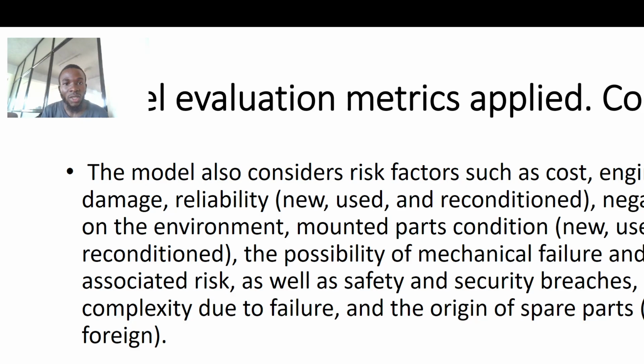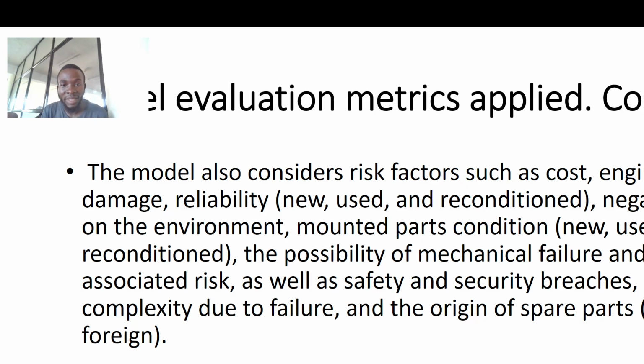So the model evaluation metrics applied, this is just a continuation. The model also considers risk factors. So the model is not only looking at the vulnerable points, but it also considers other factors such as engine age, damage, reliability, that's whether it's new or old, negative impact on the environment, mounted part conditions.